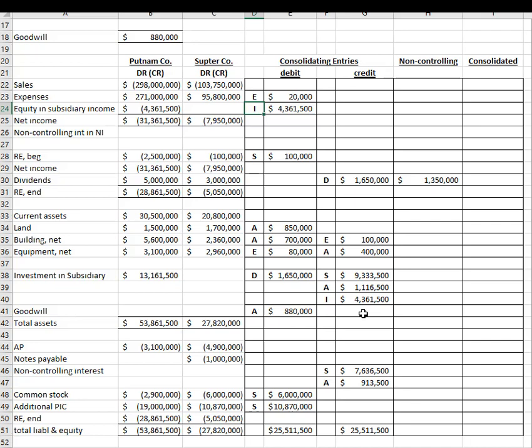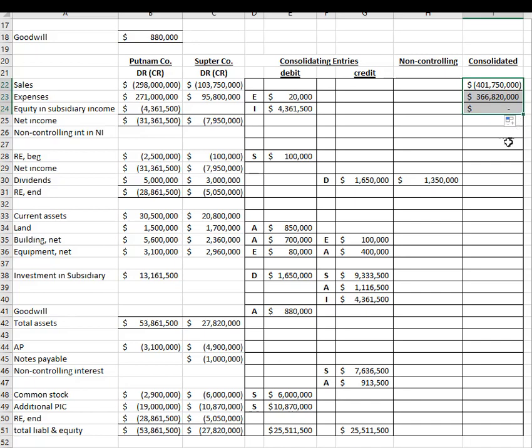We're in balance. Okay. Now it's time to calculate the net income and put the portion of the subsidiary's net income that belongs to the non-controlling interest into the non-controlling interest account. So let's do that. All right, so let's go on down here.